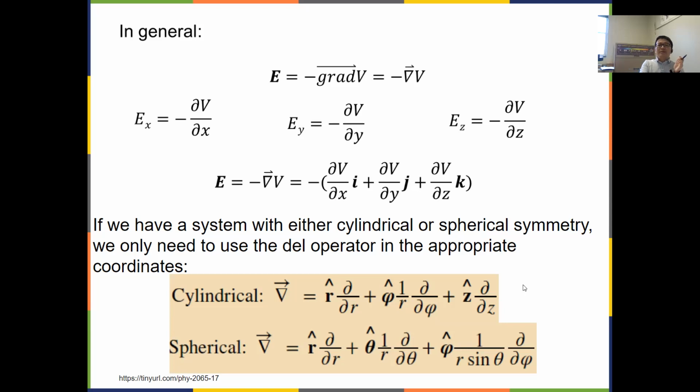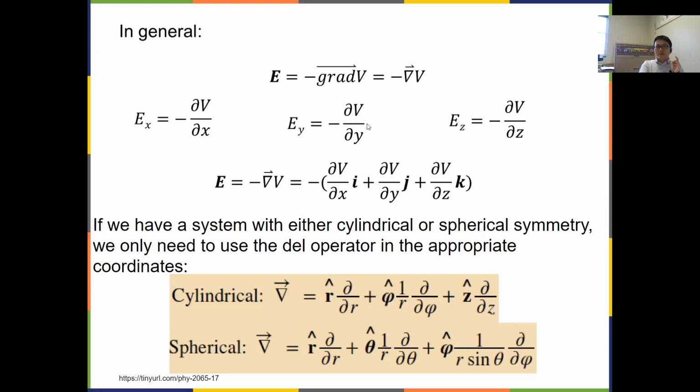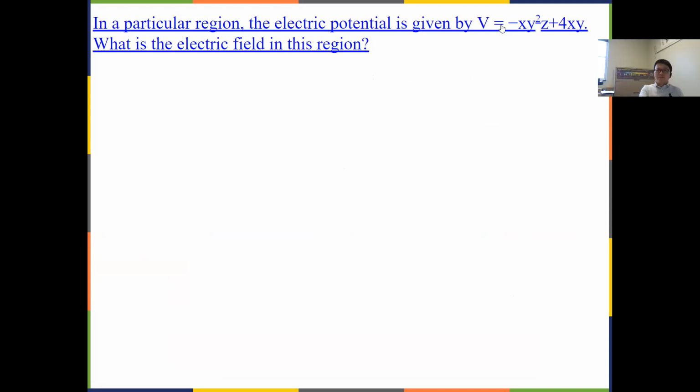All right, so let's take a look at the example here. I think we are mainly going to deal with the Cartesian coordinates in this class, and you might do the others in an advanced class later. In this case, it says in a particular region, the electric potential is given as a function V of x, y, and z: minus x y squared z plus 4xy.